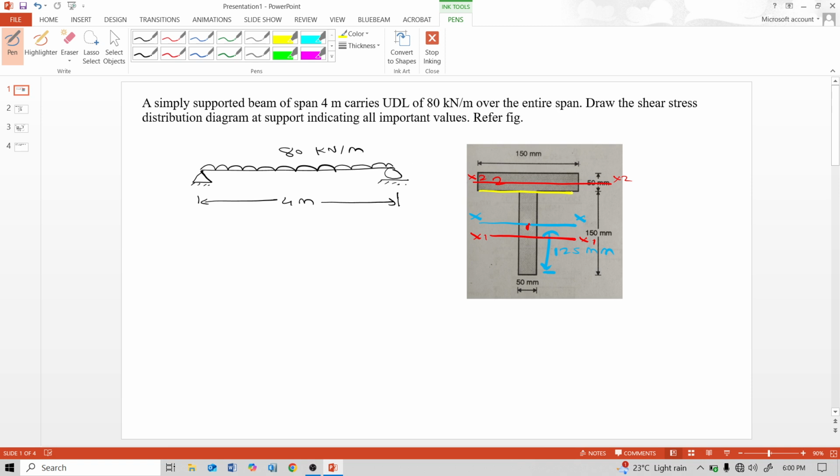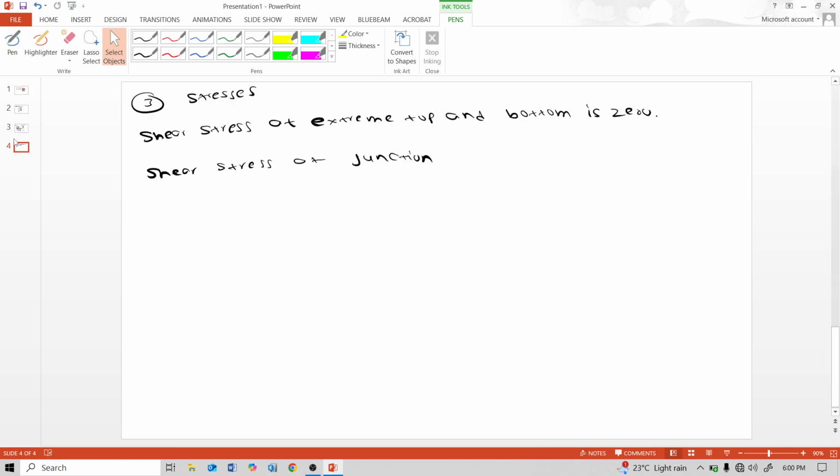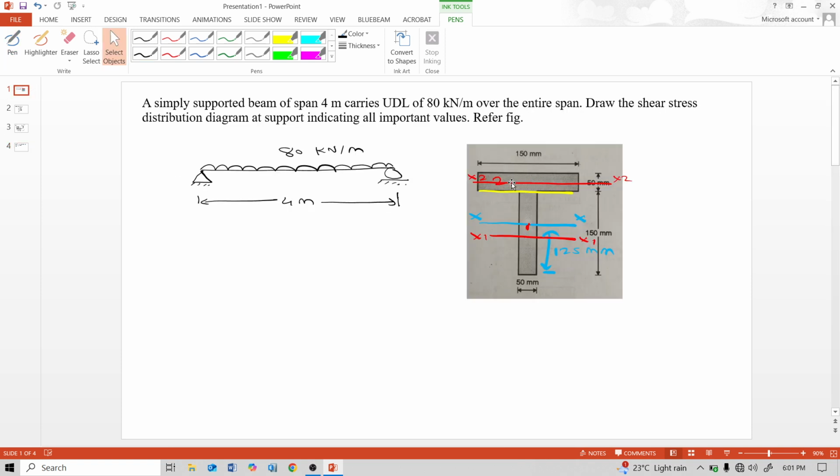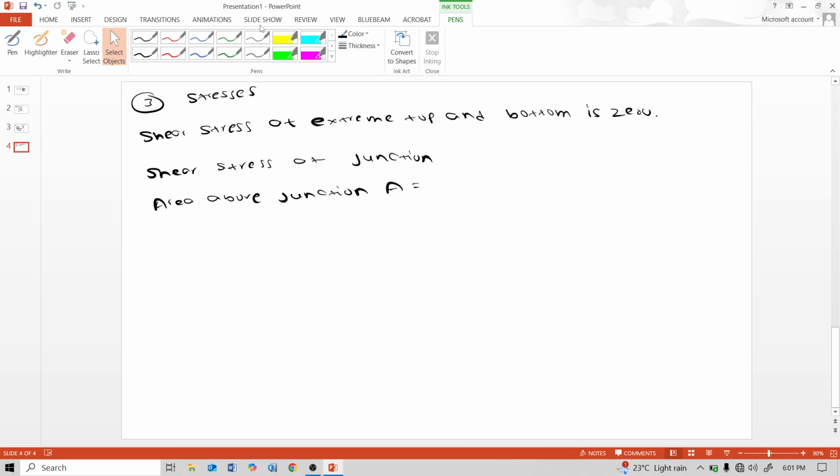Now the area above the junction, A. Area above the junction means the area of the flange portion. Area above the junction is 150 multiplied by 50, 7500 mm square. And the CG of the area above the junction with respect to the neutral axis.